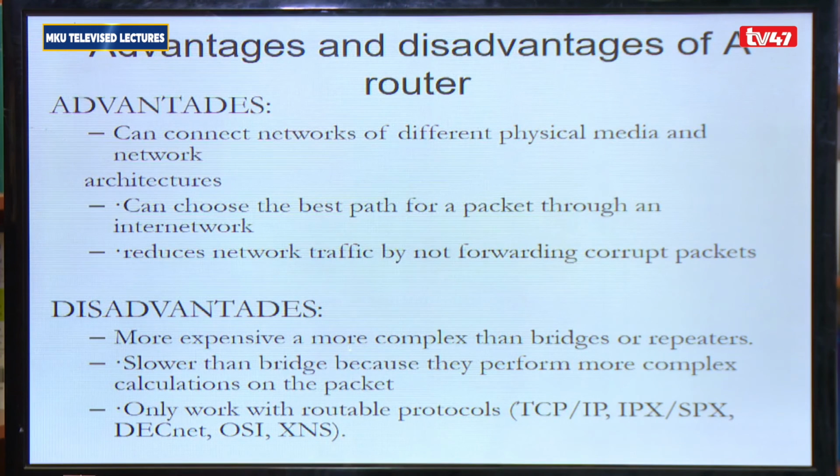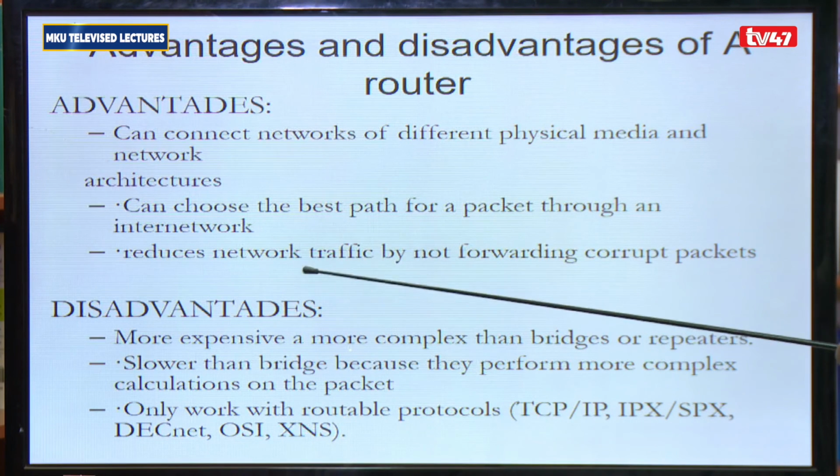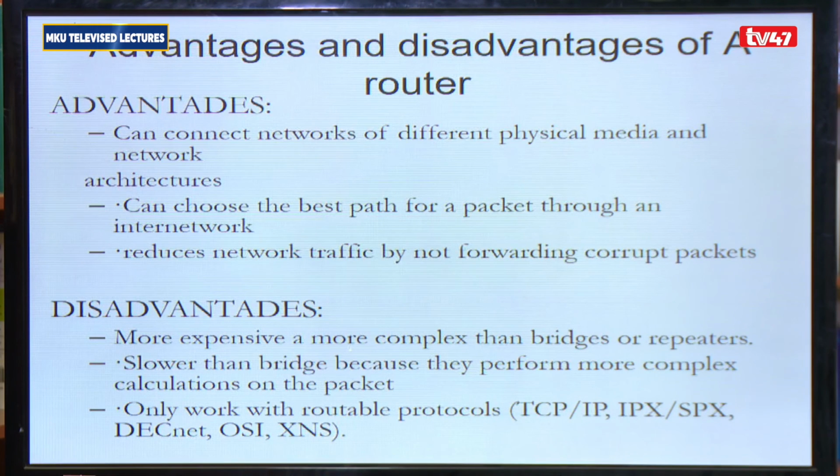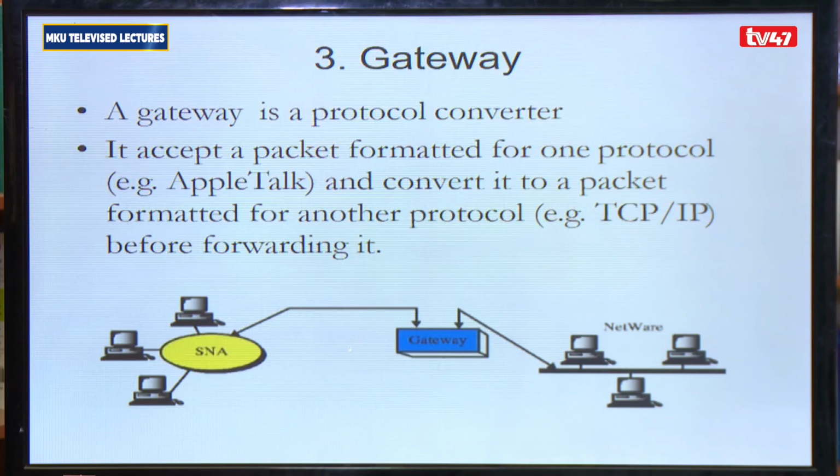Therefore, it will cause less congestion in case other devices want to transmit within the network. It chooses the best path for the data packets and transmits them through that path, and therefore it's able to reduce network traffic by forwarding data to the right direction, which is the most important for any network.